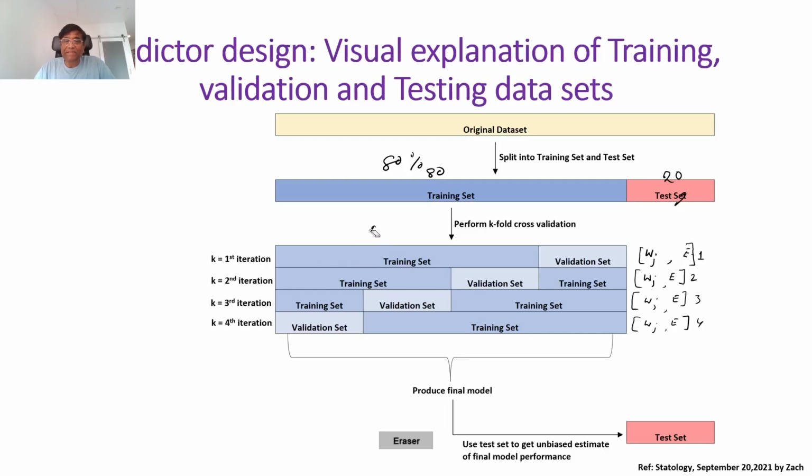Then 80% of 80 is 64, right? You keep 64 data points for actual training, and the remaining 16 you keep for validation. Validation is similar to testing, but there is a difference, as I have talked about earlier. This is an example of k-fold cross validation.